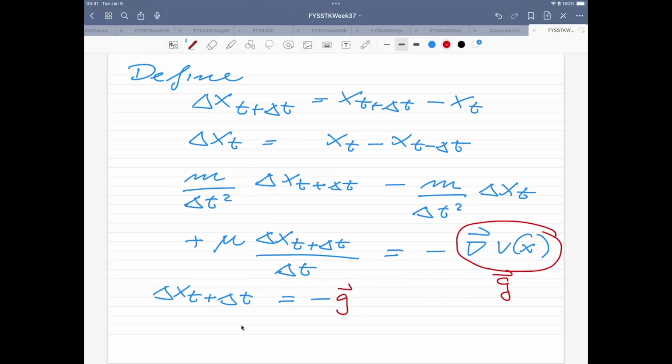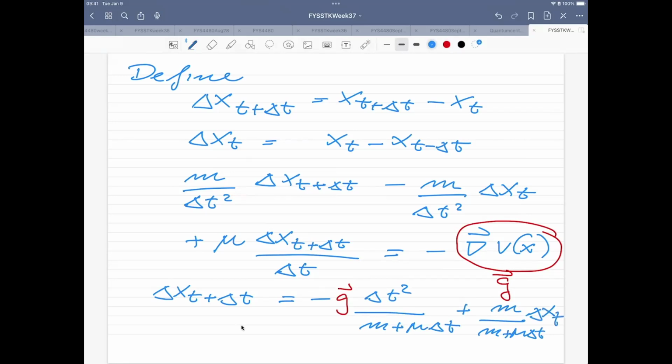And this is going to have the following terms: delta t squared divided by m plus mu delta t, plus a new term which goes like m divided by m plus mu delta t times delta x of t.